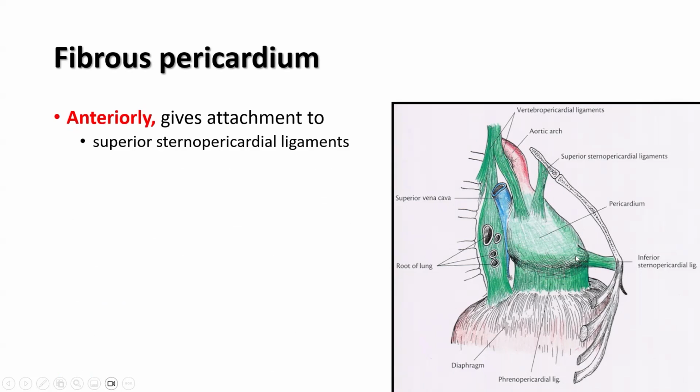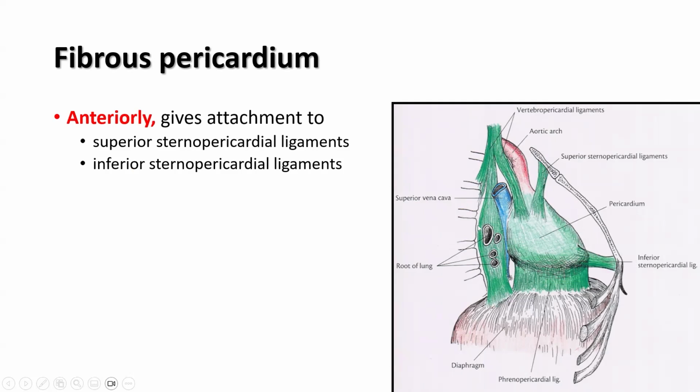Another one is inferior sternopericardial ligament, which attaches the fibrous pericardium to the posterior aspect of body and xiphoid process. So anteriorly, fibrous pericardium is connected to sternum by two ligaments, superior and inferior sternopericardial ligament.